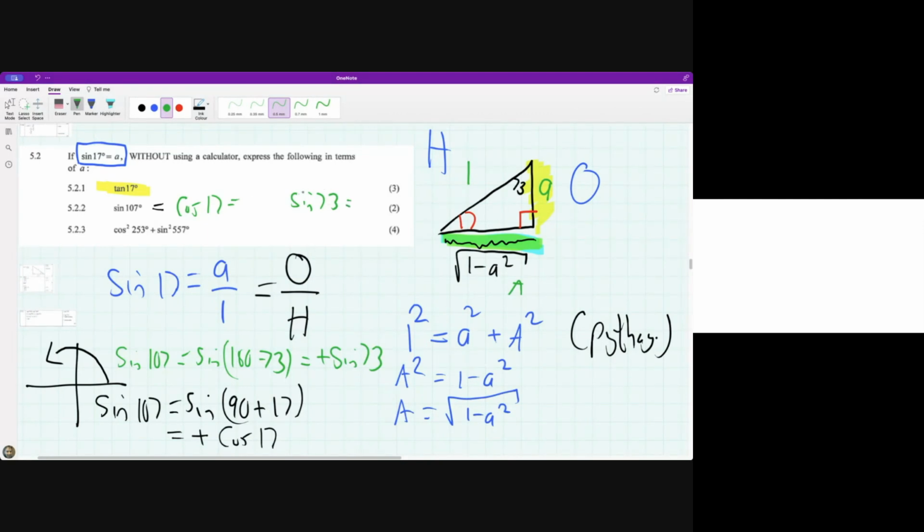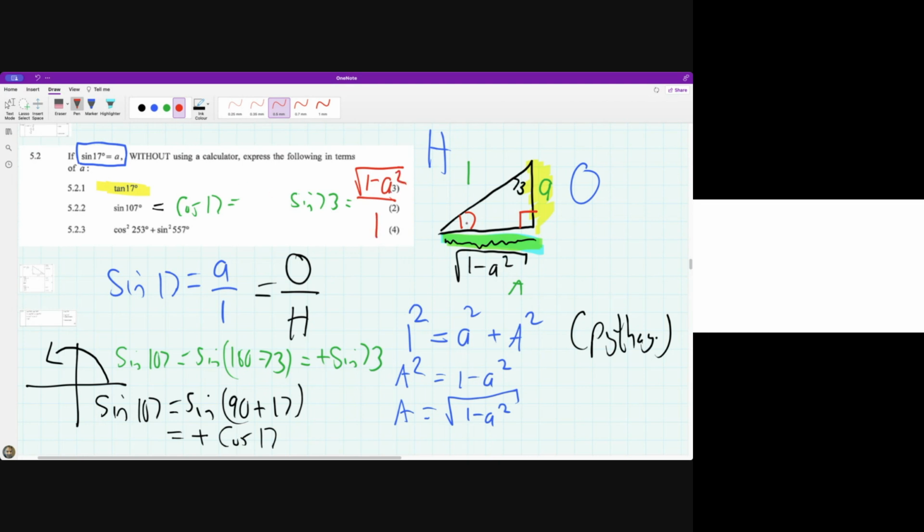What is the answer I'm going to get for that using my triangle? If I'm using the sine of 73, I go opposite the 73. So I go 1 minus a squared, and the h would be 1.